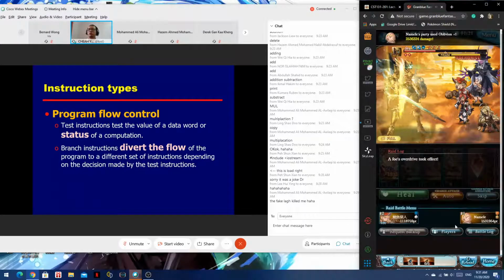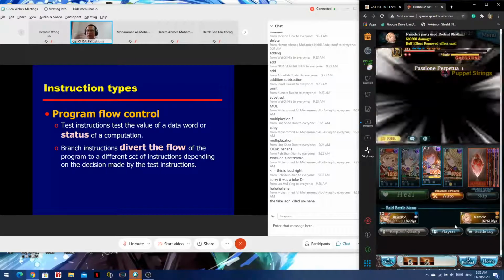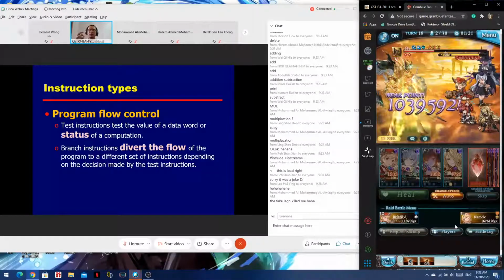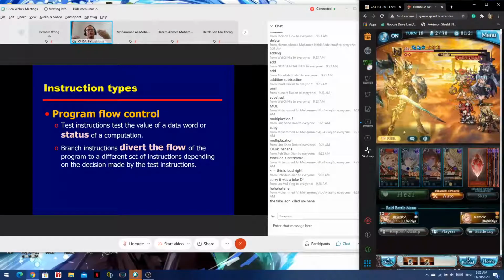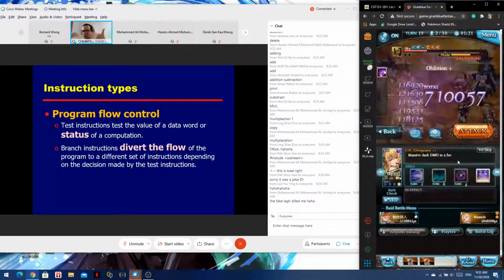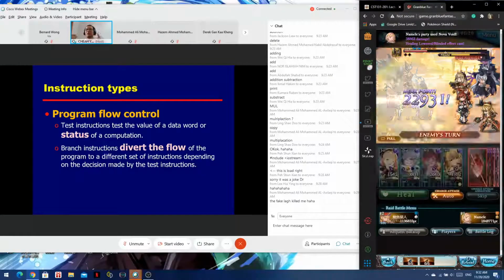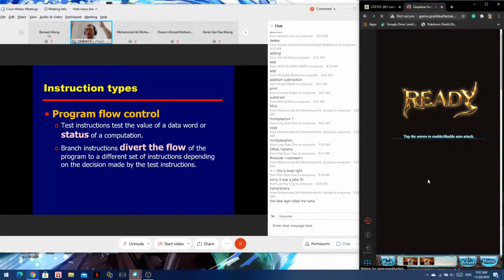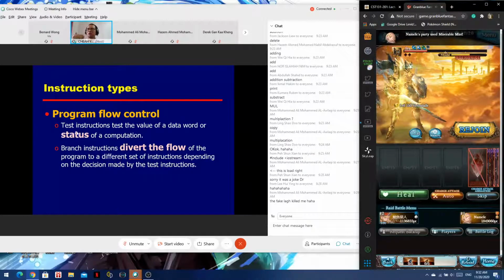And the last one is the program flow. Normally when you execute programs, the status of the processor will change. Every instruction that you execute will produce a status. For example, if you do an addition and it proceeds okay, then the status will be okay. If your multiplication or division is, let's say, divide by 0, and the number becomes infinity, cannot compute, then the status will indicate that it's a divide by 0 situation, something is wrong.